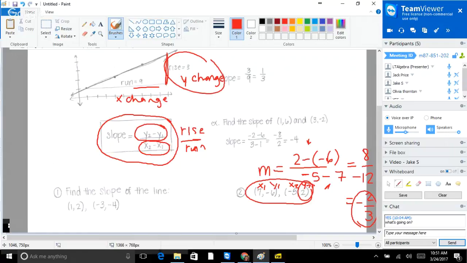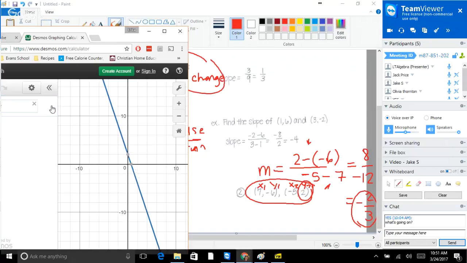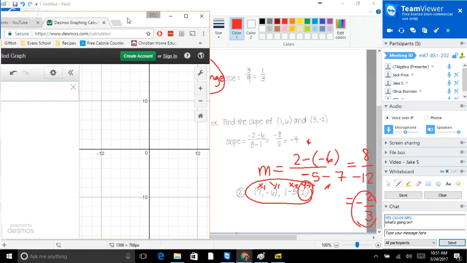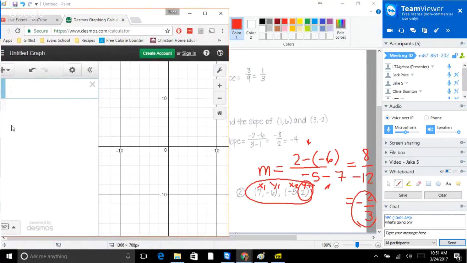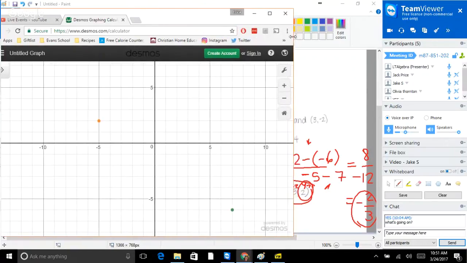Now you can use a graph. So if I go over to Desmos and I put in these points, my points are at 7, -6, and I have a point at -5, 2. All right, so if I actually graph this, and then I try to figure out my slope just by looking at this, let's see if we can do it.